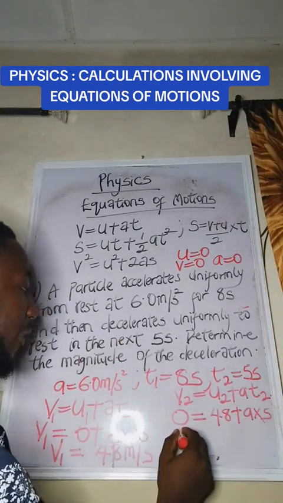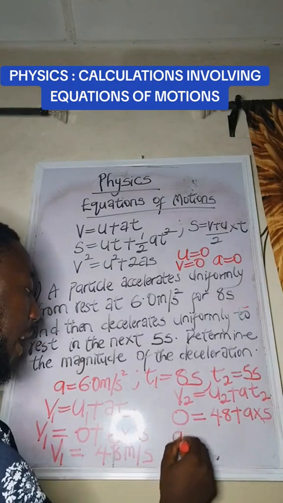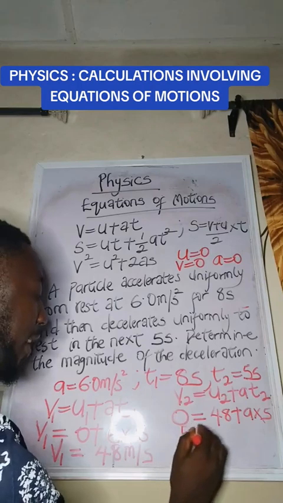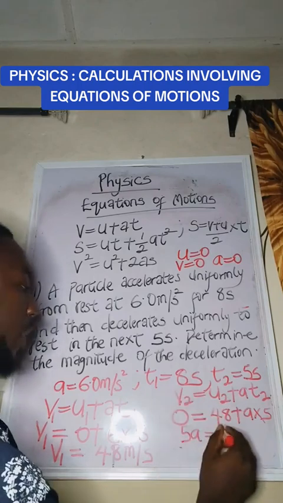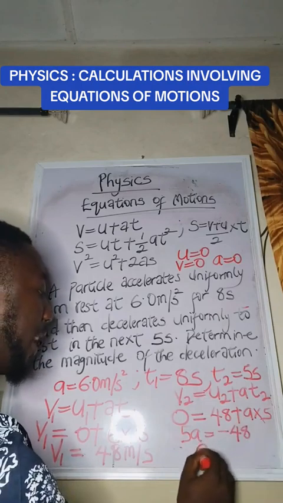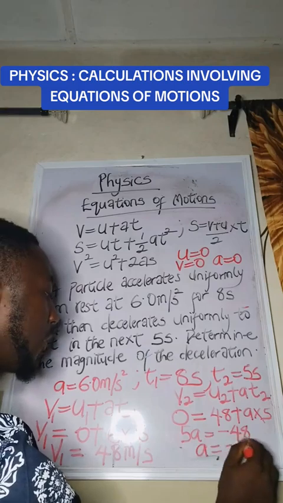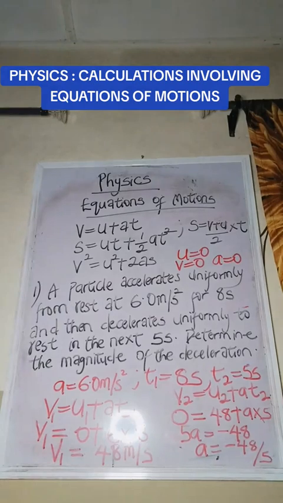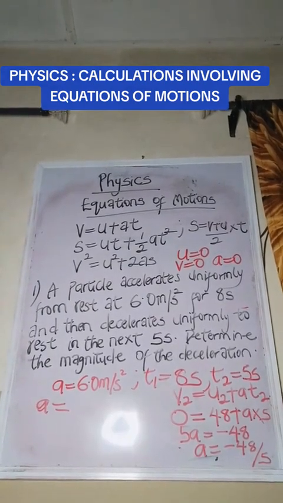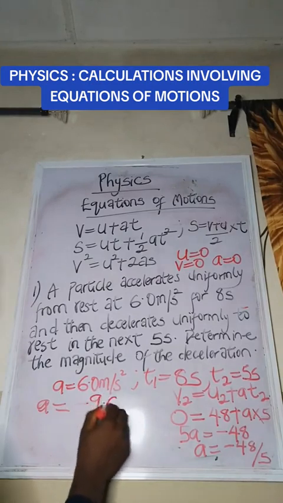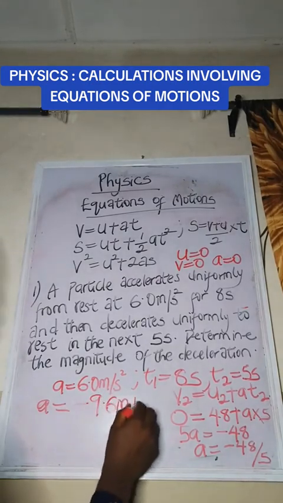So we have 5A equals, moving it over, minus 48. So A equals minus 48 over 5, which is minus 9.6 meters per second squared.